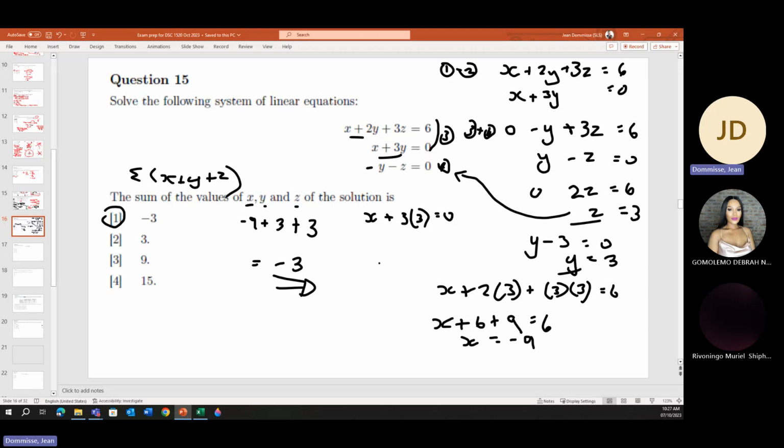We didn't need to go that total route. We could have said in that one already x was minus 9. So we didn't need to go back to this whole one, we could have gone to the second one to actually get x. And you will see it was exactly the same. So it doesn't matter which one you use, but I would normally prefer the one that's the simplest to use, so that you can eliminate maybe making a mistake with lots of numbers.